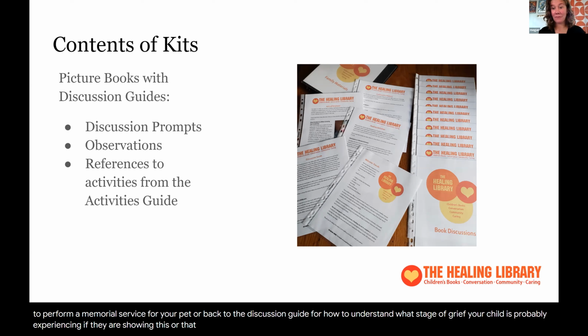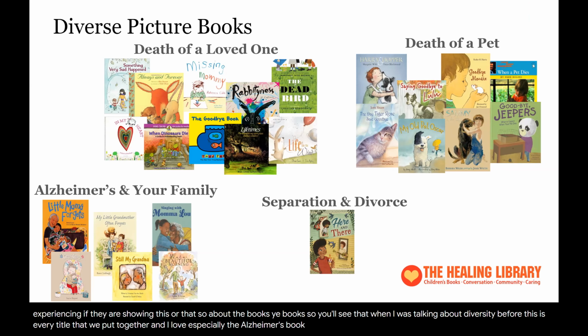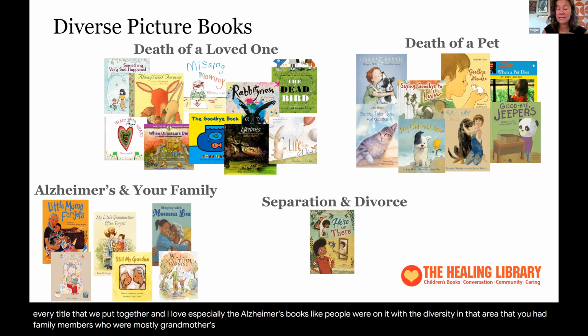So about the books. Yay, books! So you'll see that when I was talking about diversity before, this is every title that we put together, and I love, especially the Alzheimer's books, like people were on it with the diversity in that area, that you had family members who were mostly grandmothers, which I thought was really interesting, but there is one about a grandfather who develops Alzheimer's.